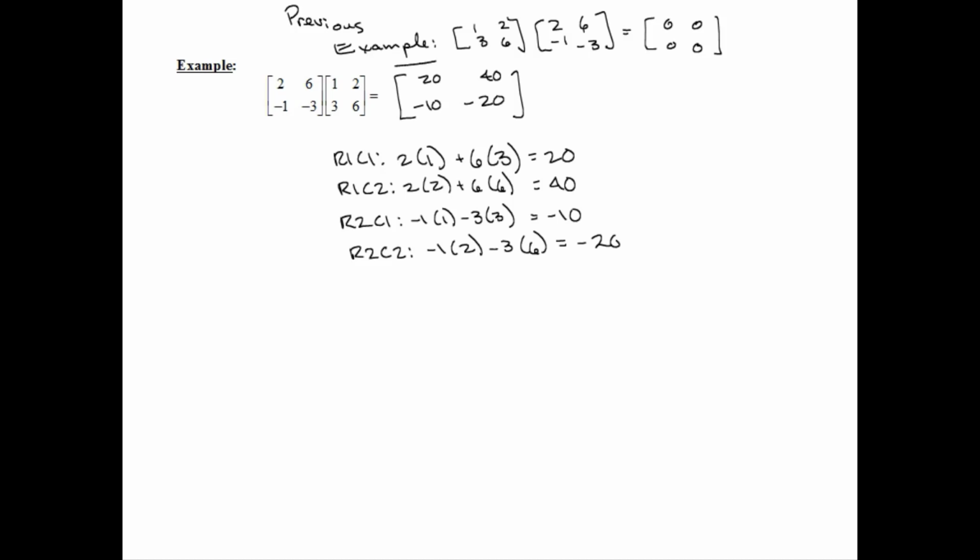Okay, and so here's our answer, and that is definitely not the zero matrix that we got before. So that tells me that matrix multiplication is not commutative in general.